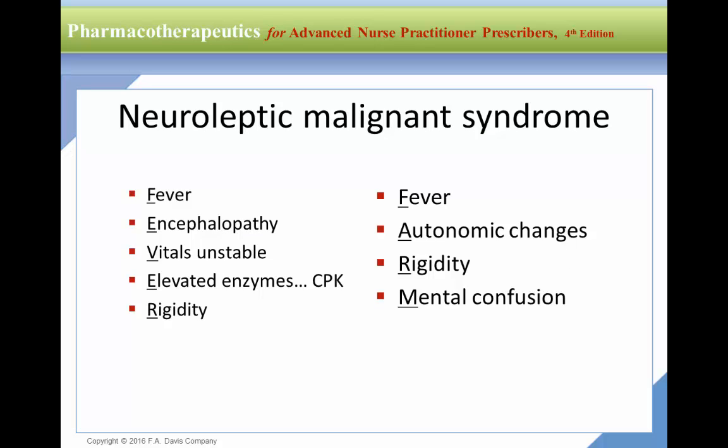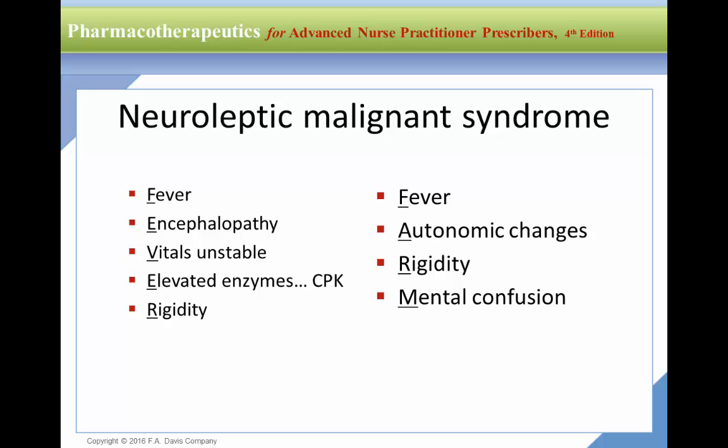Now let's talk about neuroleptic malignant syndrome. And this basically is more or less very similar to serotonin syndrome. It's a life-threatening neurological disorder also caused by neuroleptics and antipsychotic drugs. So patients go into autonomic instability, muscle rigidity, fever. They go into delirium.